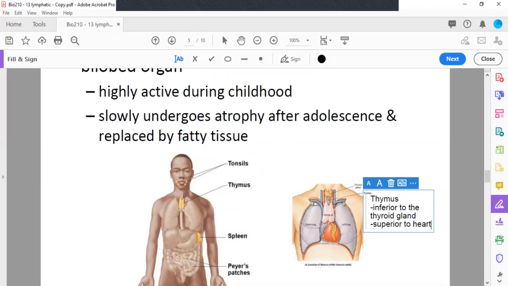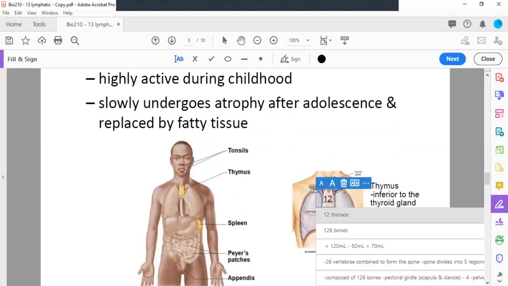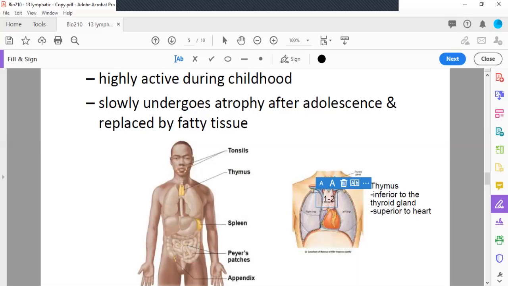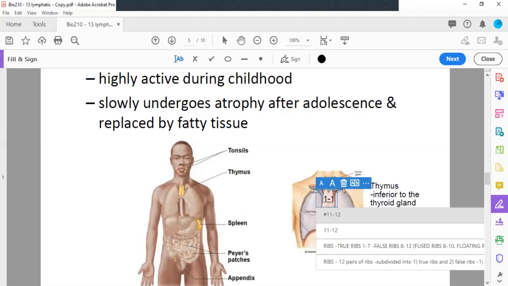It's a bilobed organ, which means it has two lobes. We have one lobe here and one on the other side, so 1 plus 1 will be 2.